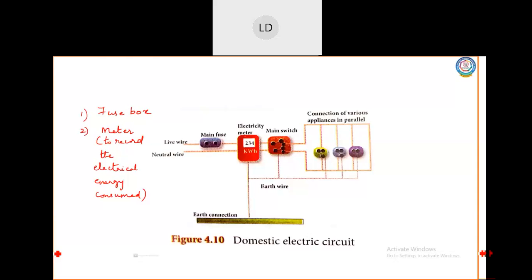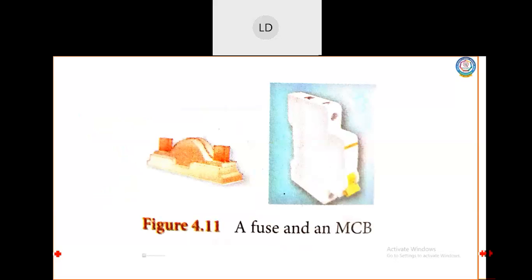Now fuse wire we have already dealt with. An MCB is nothing but a switching device, as shown in the diagram. It can be activated automatically as well as manually.